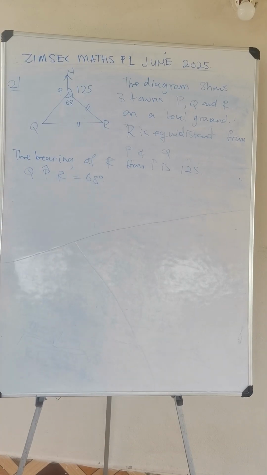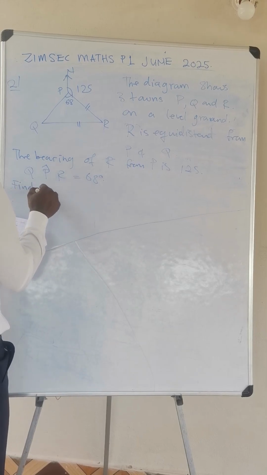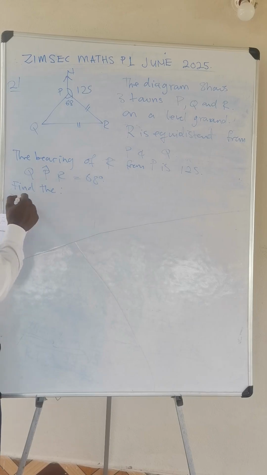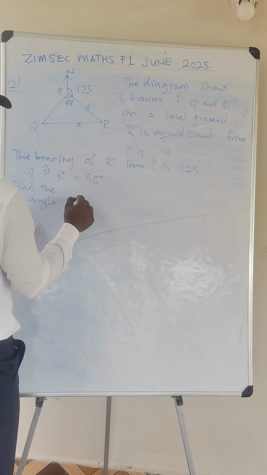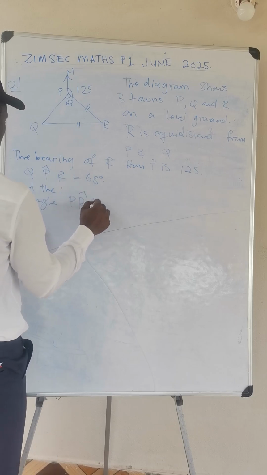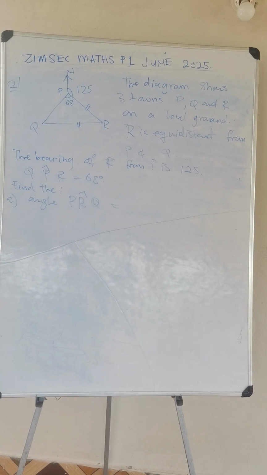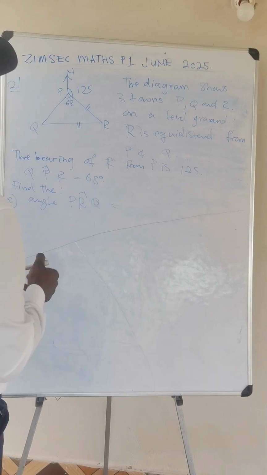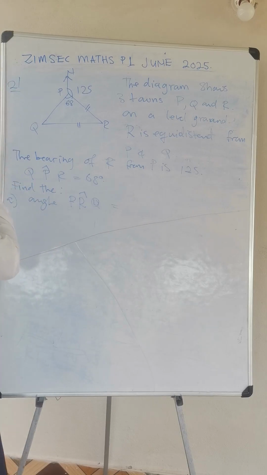Then the first question says, Part A, find angle PRQ. So we are asked to calculate the angle PRQ. This is the angle PRQ we are requested to find.